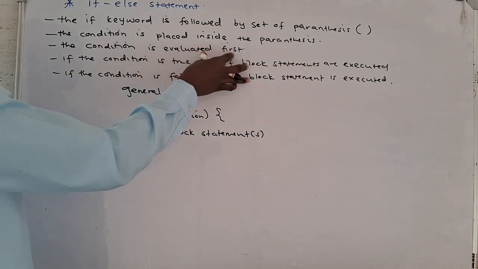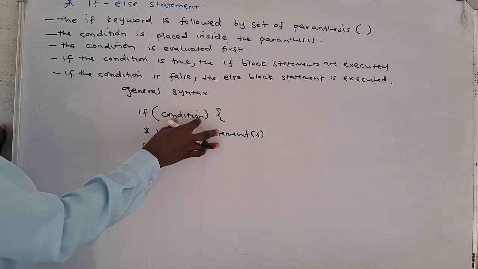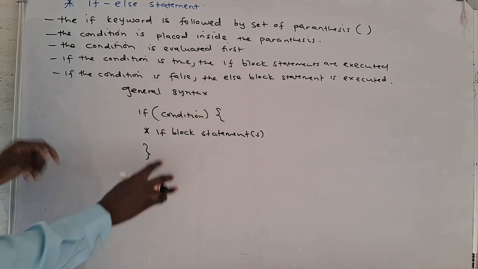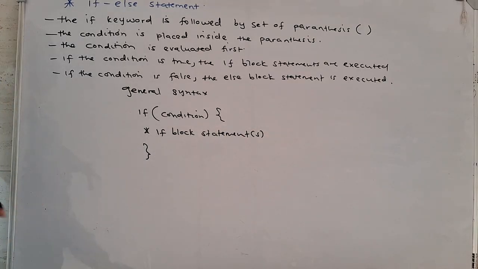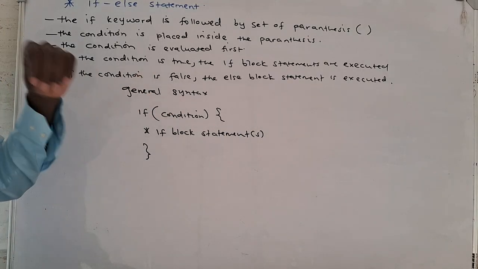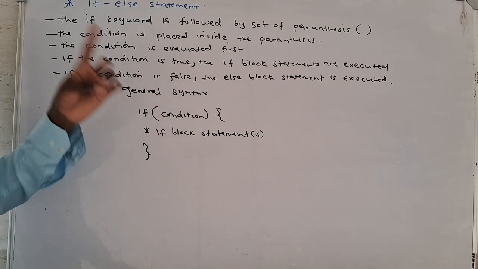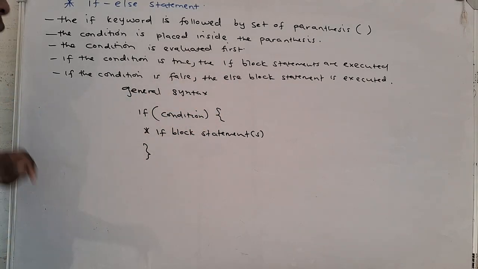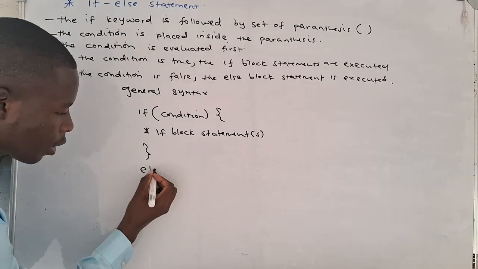The condition is going to be evaluated first. This is going to be checked. If the condition is true, what is going to happen? The if block statements are going to be executed. If the condition is false, what is going to happen? The else block is going to be executed. Again, this else is a keyword. So if, then else.